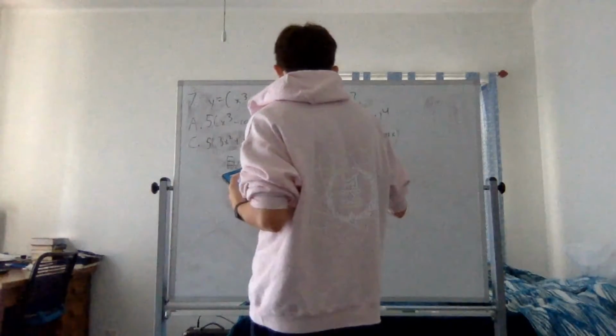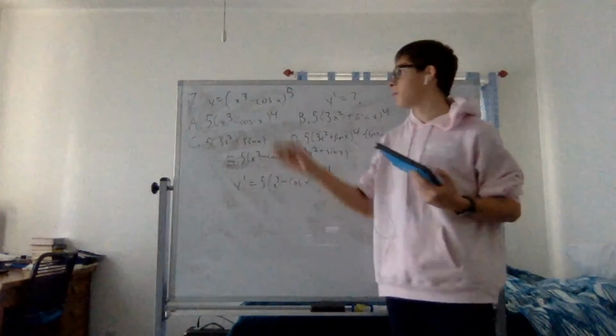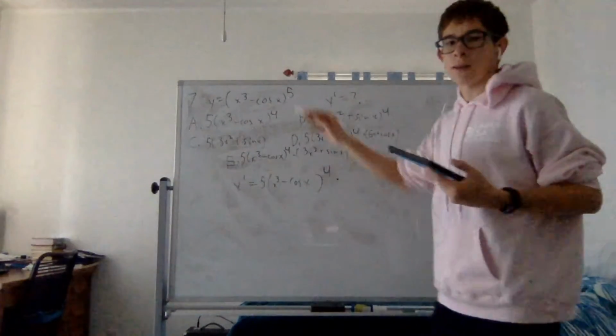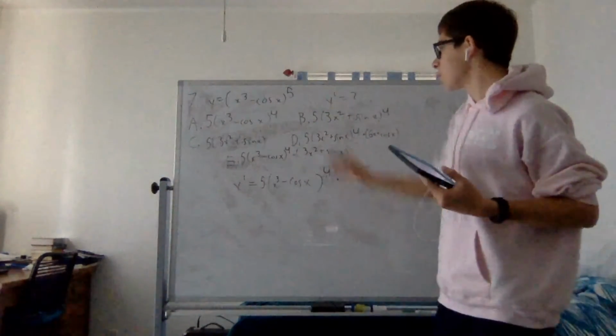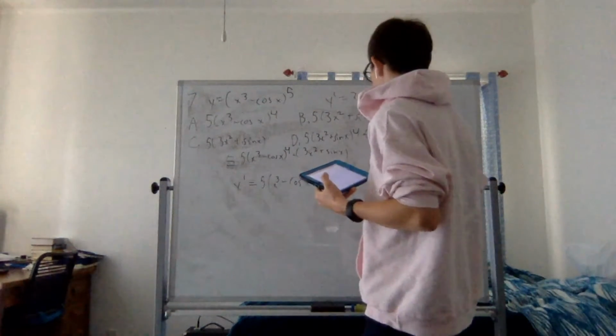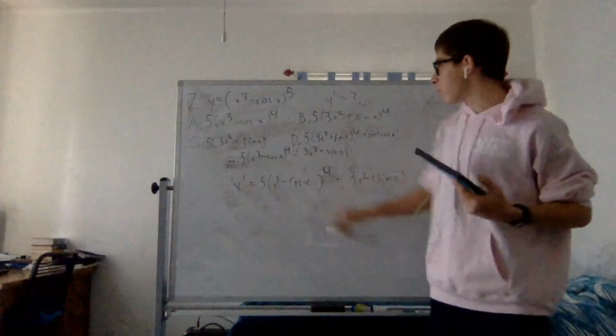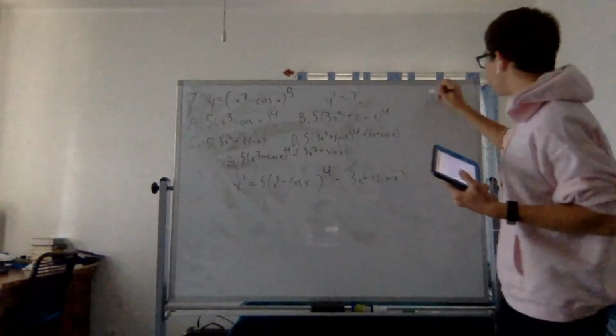But because we have an inside function, we also have to take the derivative of that and multiply it by what we get here. The derivative of x cubed minus cosine x is 3x squared plus sine of x. So this would be our answer, or answer choice E.